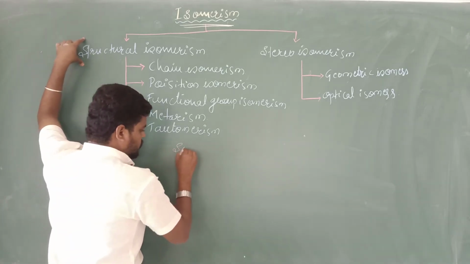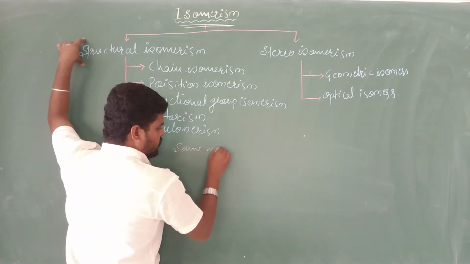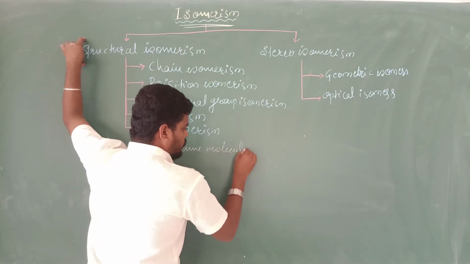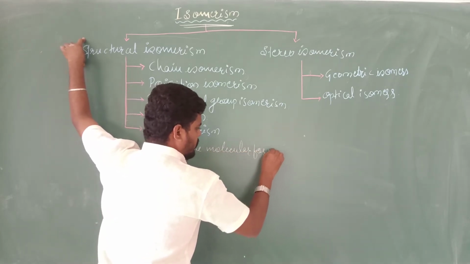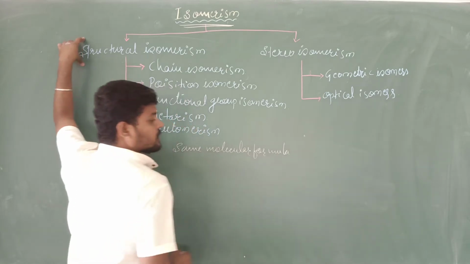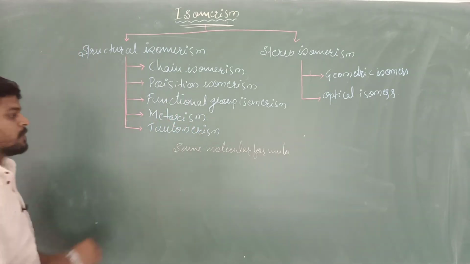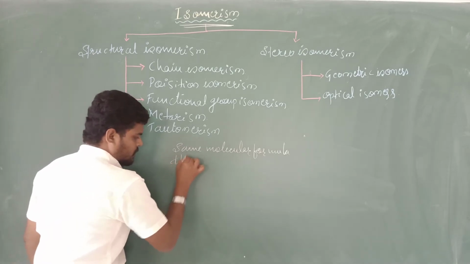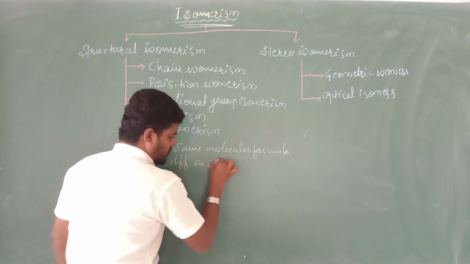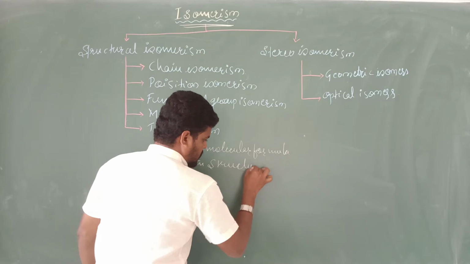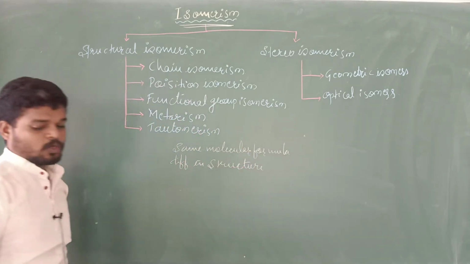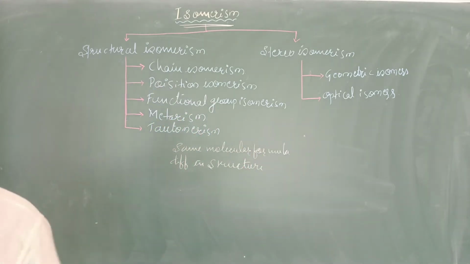The structural isomers are nothing but compounds having the same molecular formula, but they differ in structural arrangement of atoms, or differ in the structure or structural formula of a compound.